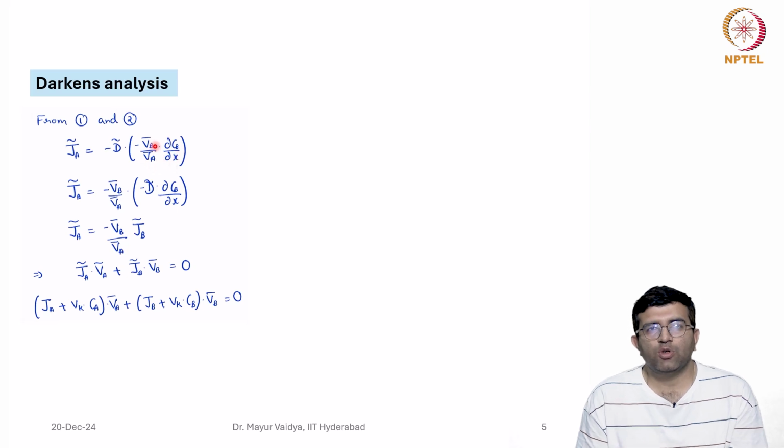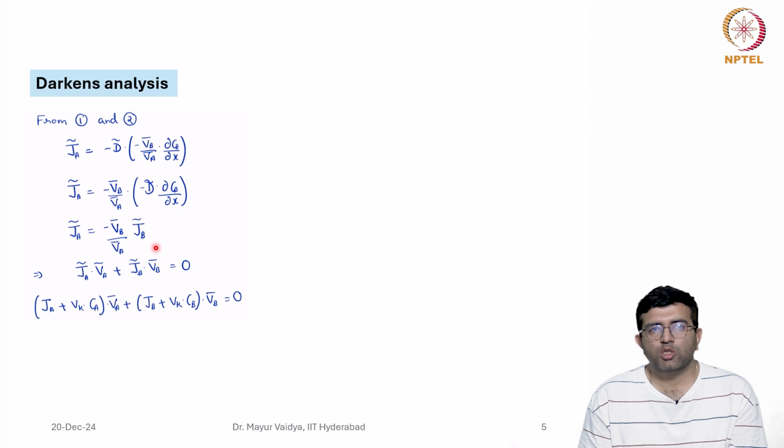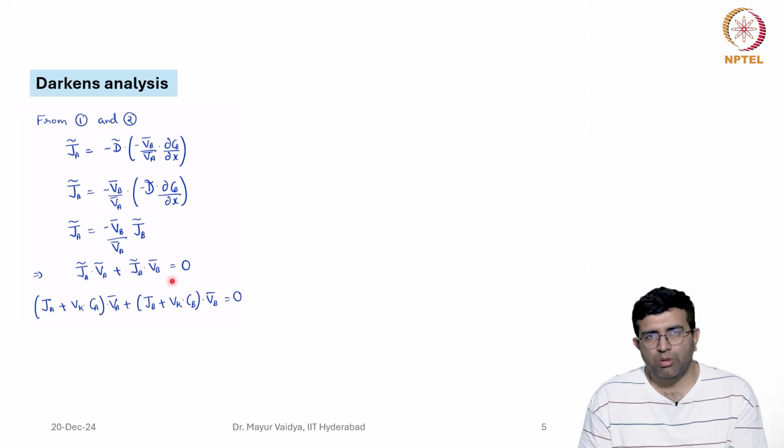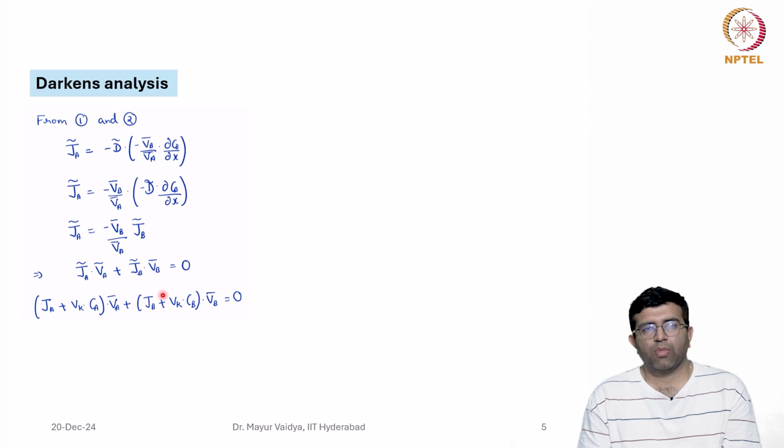And if you take V_B bar by V_A bar out and D tilde inside, this D tilde into ∂C_B/∂x including minus becomes J_B tilde. So, what it tells us is that J_A tilde into V_A bar plus J_B tilde into V_B bar is equal to 0.